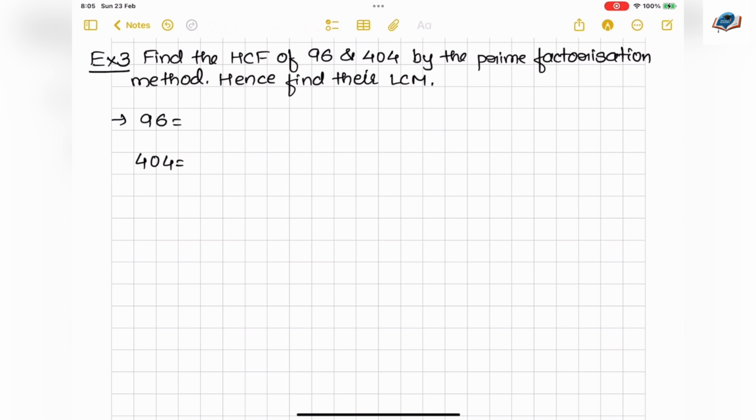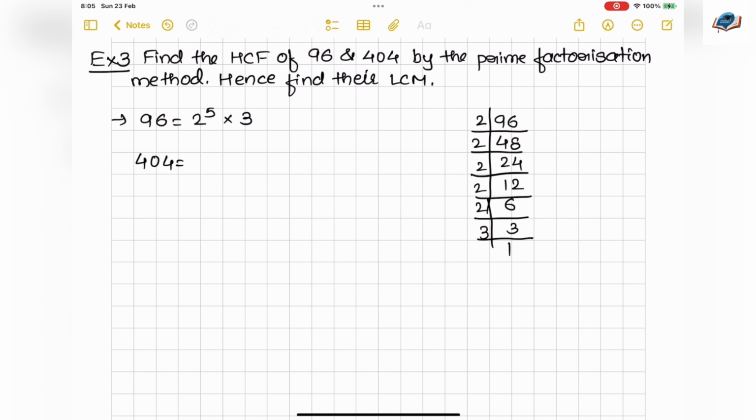So let us do that. 96, if I take and start the prime factorization, 2 fours are 8, so 2, 48, 2, 24, 2, 12, 2, 6, and 2, 3, 3, 1. So it came 2 raised to 5 into 3.